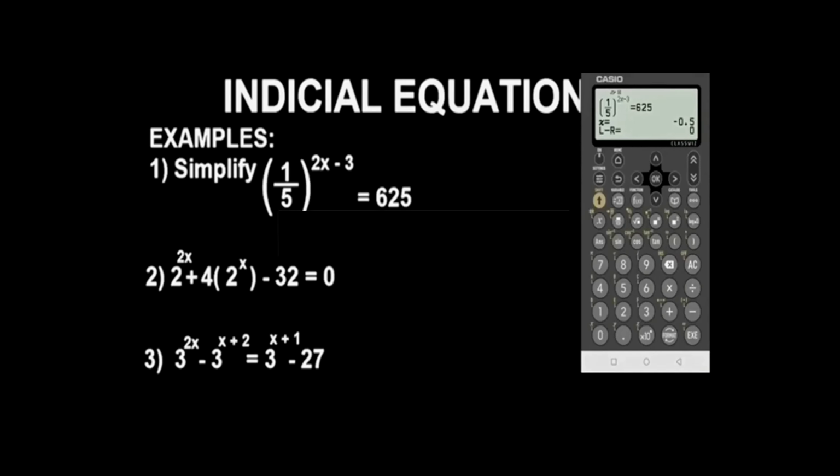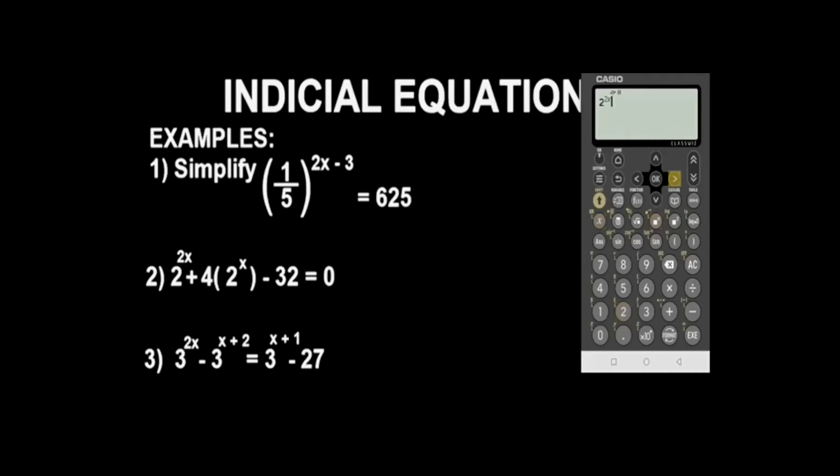Let's solve question 2. So let's go back, press the AC button. Alright, input under equation. We have equation 2. We have 2 to the power 2x. Make use of this button as well.